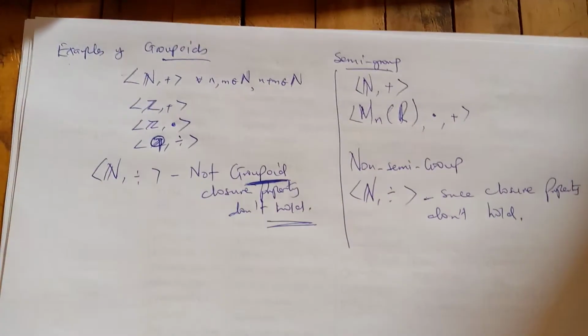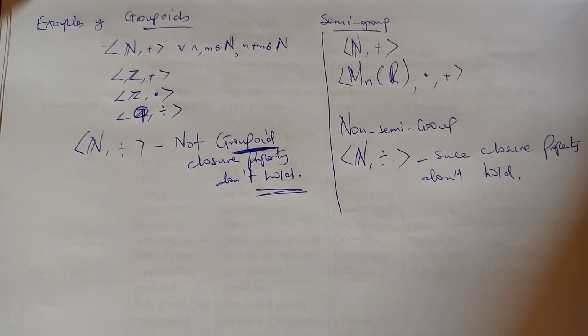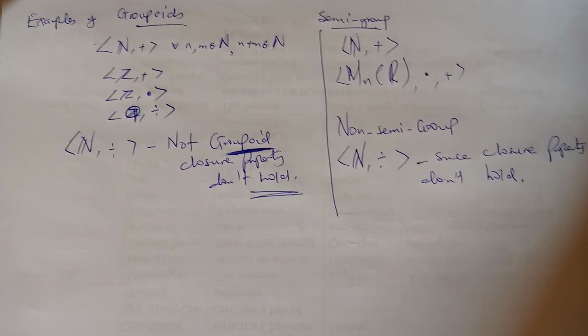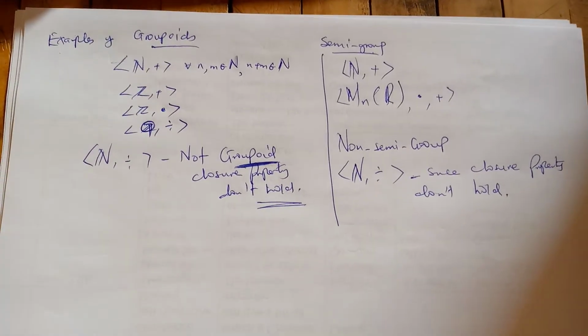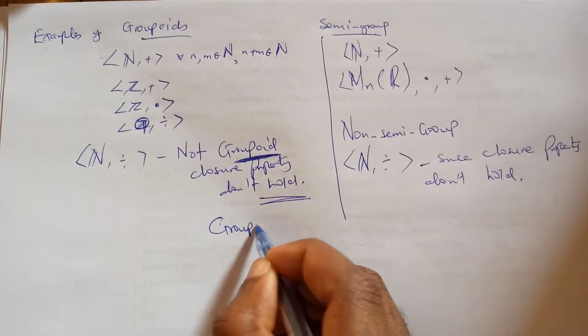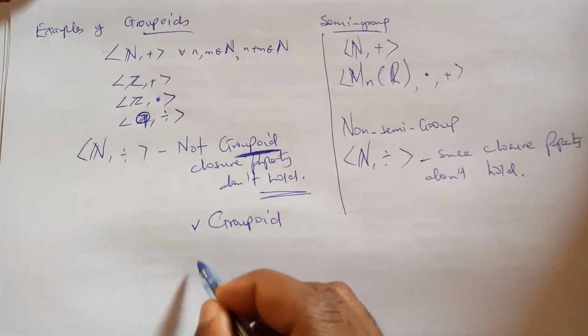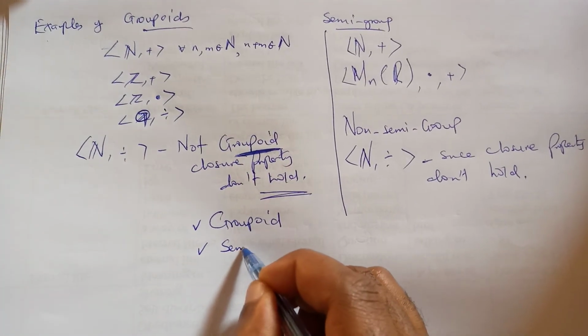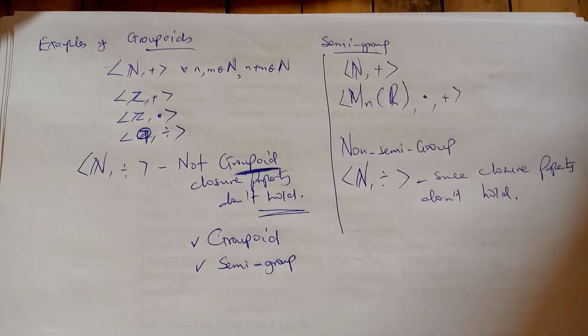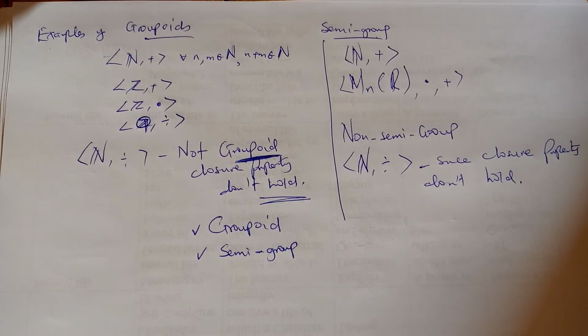Note that we have looked at two things: the definition of a groupoid and the definition of a semigroup.